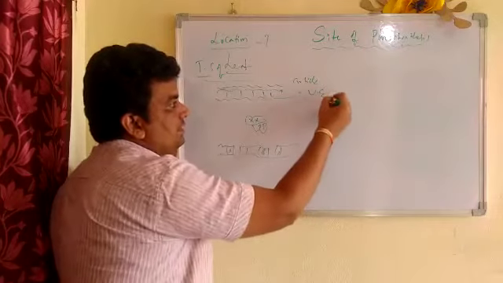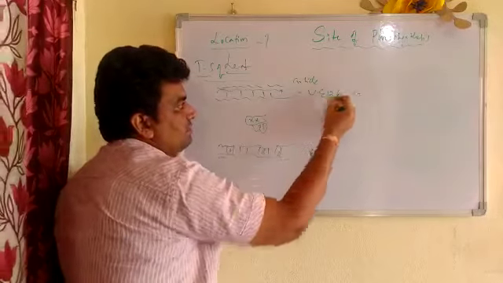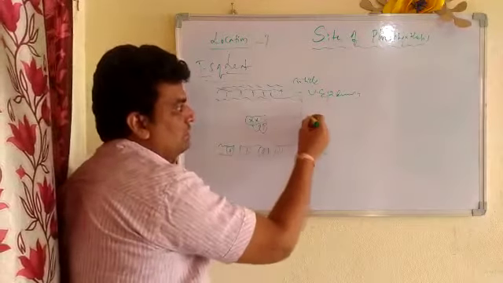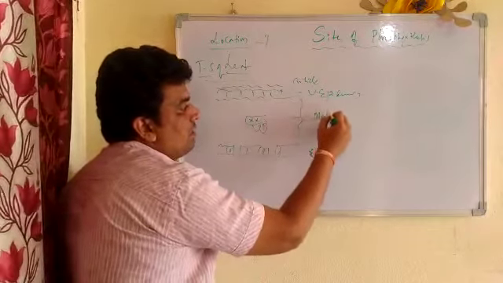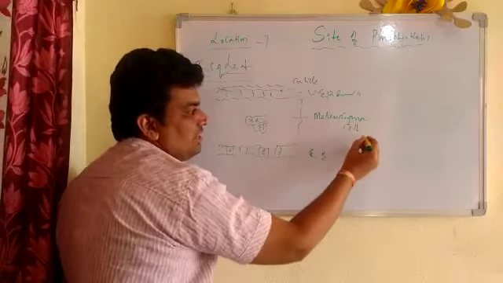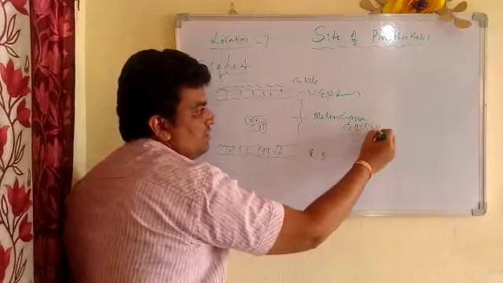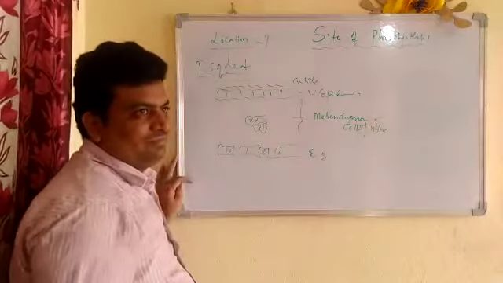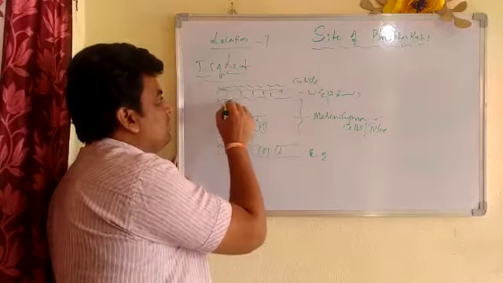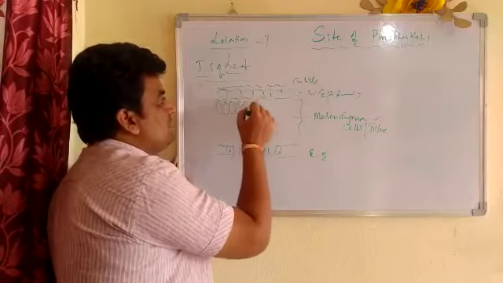In between the epidermis we can find a portion called mesophyll. A group of mesophyll cells is called tissue. Here between the upper epidermis and lower epidermis, we can find mesophyll tissue.